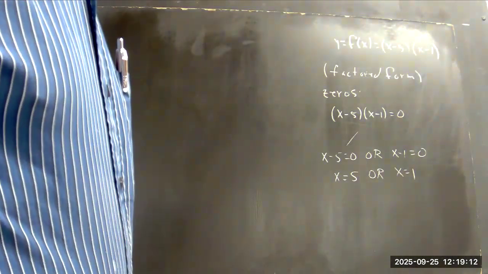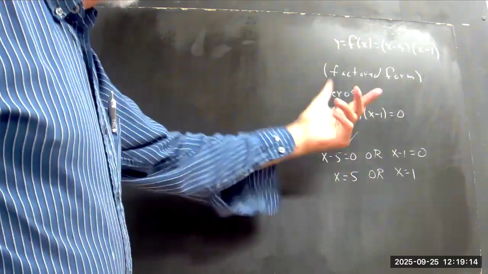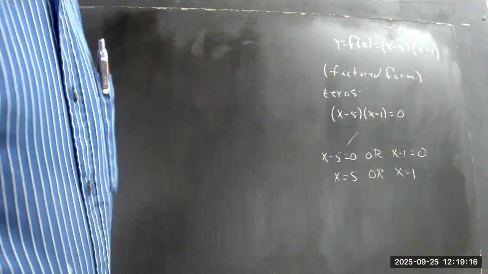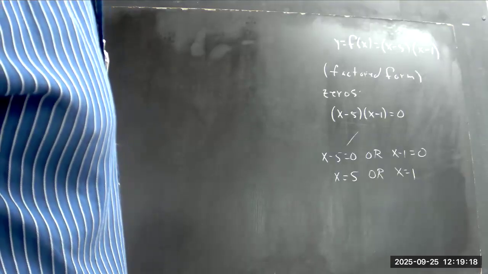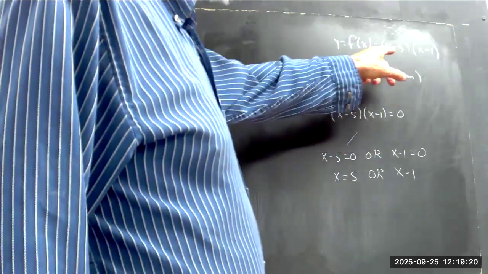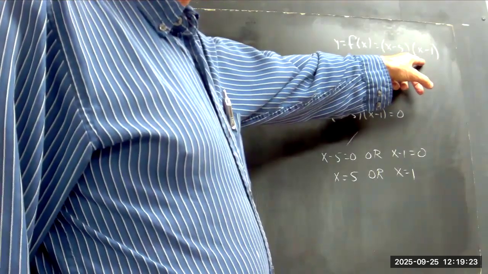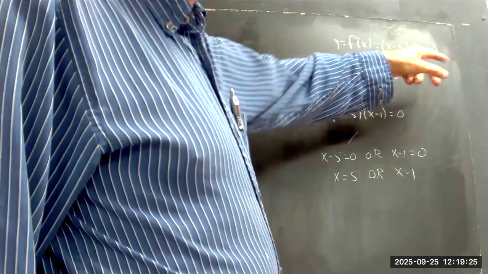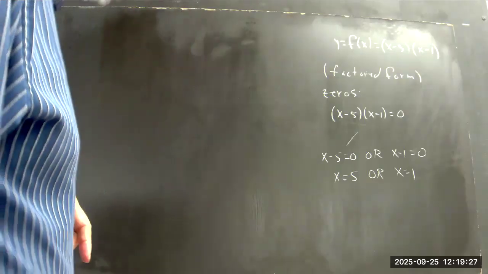So this equation splits into x minus 5 equals 0, or x minus 1 equals 0. So you get x equals 5 or x equals 1. Well, those are the same zeros that we had in the function that we did before, but it's not the same function because you're only going to get an x squared if you multiply this out. You're not going to get a 2x squared or negative 2x squared.